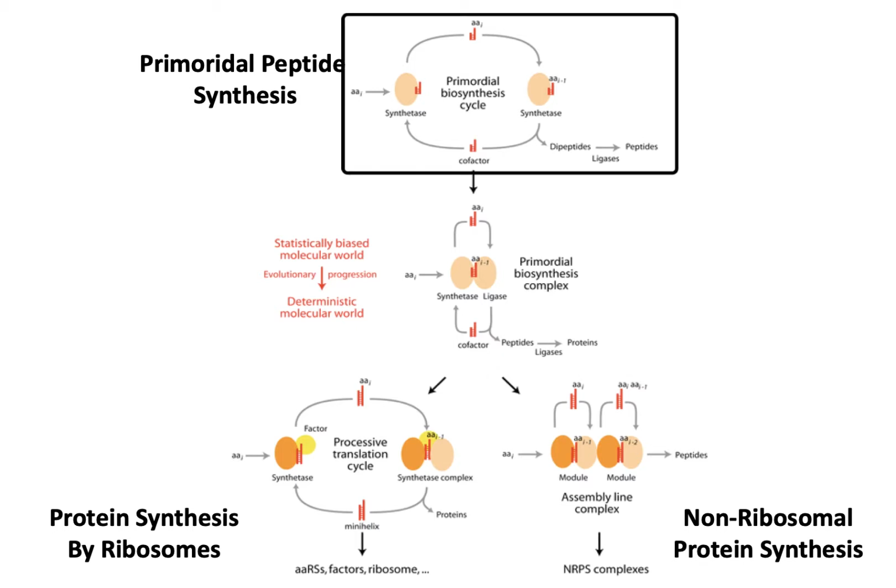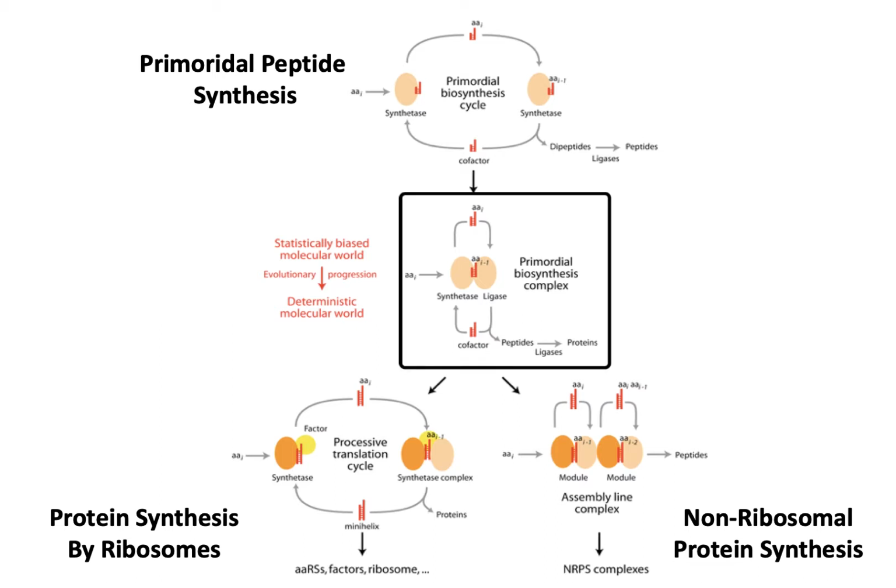So if you go back to the original, you have something that originally would attach amino acids together. So you would have this primordial biosynthesis of dipeptides, and then you could take the dipeptides and join those together with ligases to form proteins.